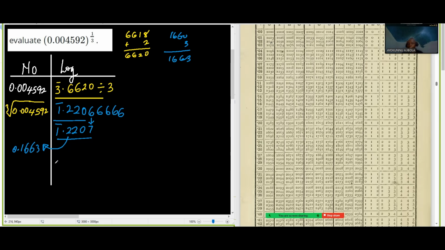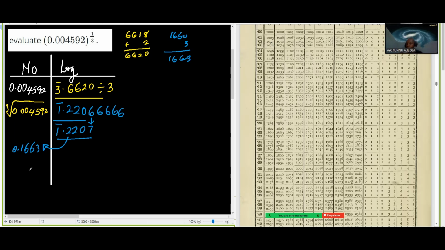Then if we add 1 to this particular number, it's going to give us 0, so we don't have to take it out of any logarithm.